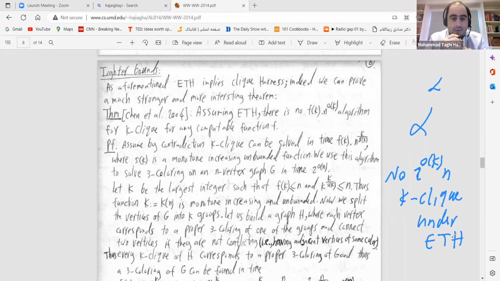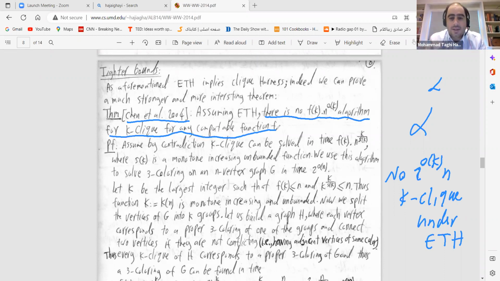Good. Here I want to state a stronger result, from STOC 2004. It says that assuming ETH, the same assumption, there is no f of k times n to the little o of k algorithm for K-clique, for any computable function f.